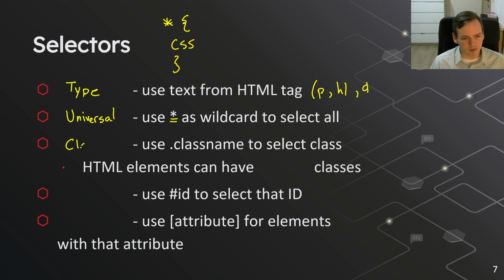You can also select based on class. So instead of that asterisk, you type a period and then a class name that you've got, and everything with that class will have whatever CSS applied to it. I'm going to point out here that an HTML element can have multiple classes.